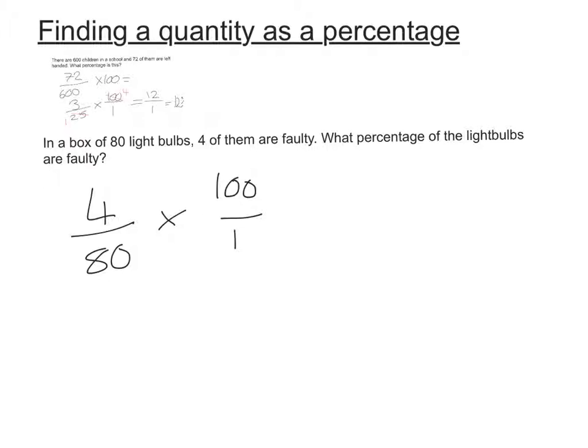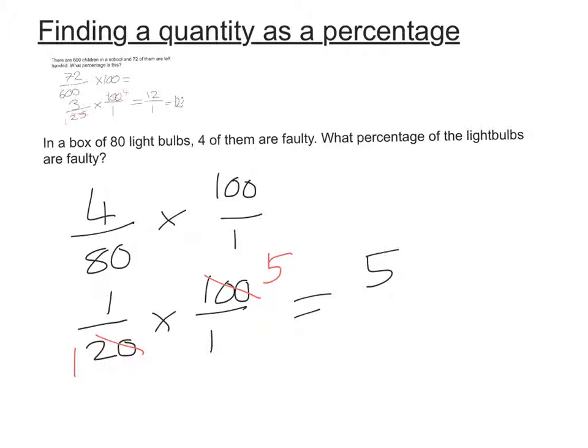Cancel your 4 out of 80, that's going to cancel to 1 out of 20 times 100 out of 1. I can cancel my 20 to 1 and my 100 to 5. That's given me 1 times 5 over 1 times 1, so 5%. Hopefully you got that correct.